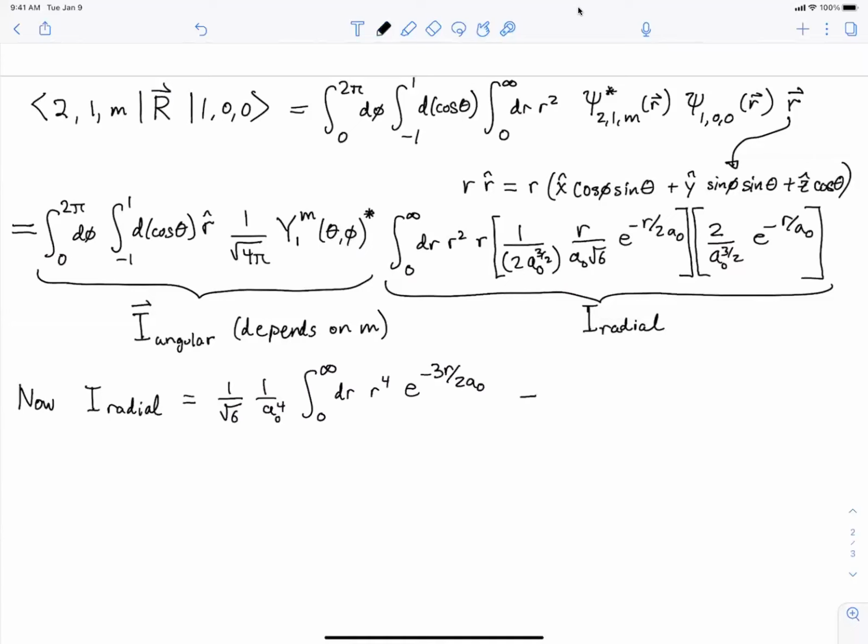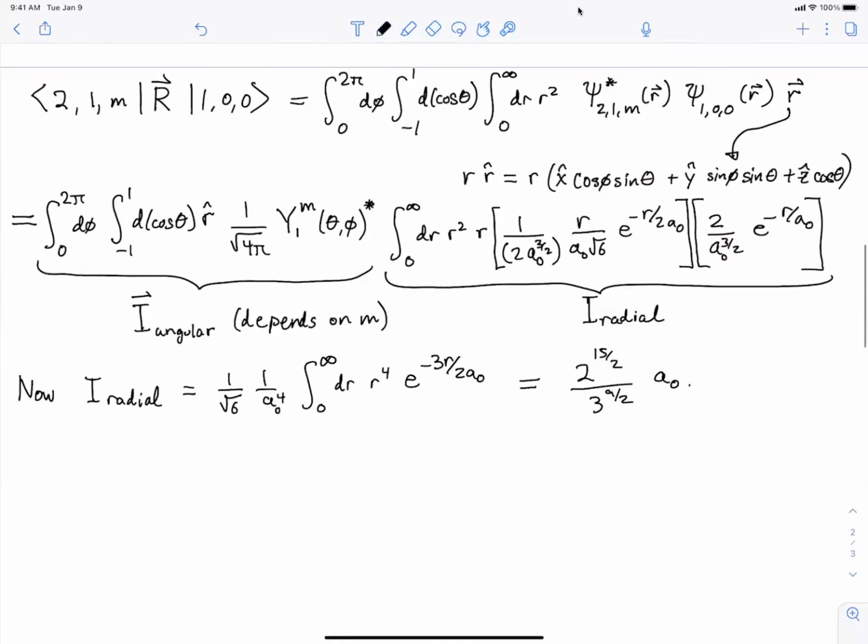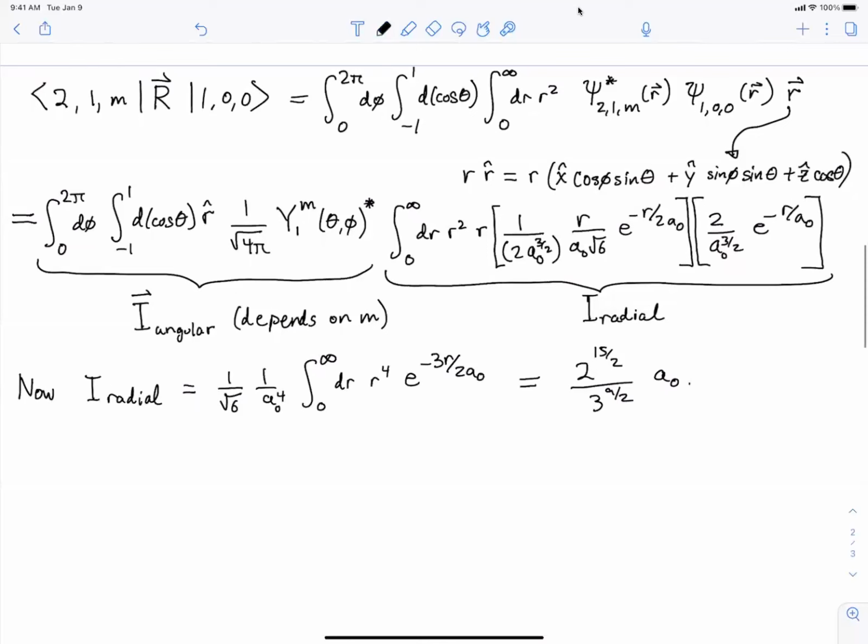And when you work that all out, that's equal to 2 to the 15/2 over 3 to the 9/2. These integrals always seem to have 2's and 3's to nice powers like that, and times the Bohr radius. Okay, so that's all there was to the radial integral.